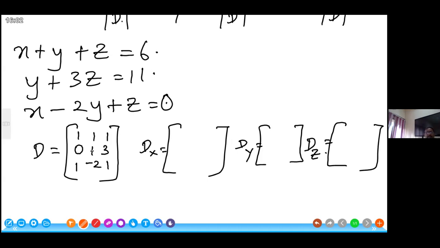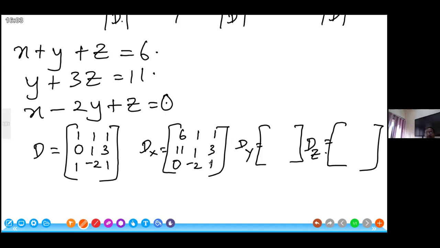Now dx, you can tell column wise. Dx column wise: 6, 11, 0. Then 1, 1, minus 2. Then 1, 3, 1. Okay.